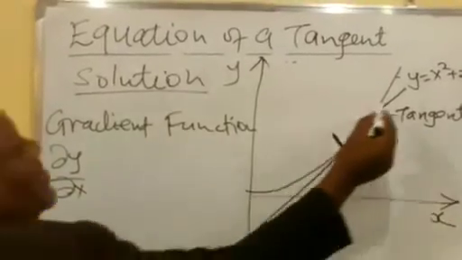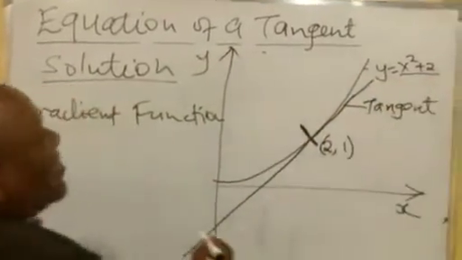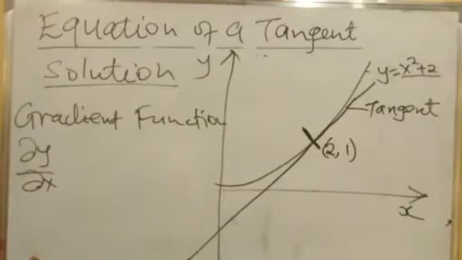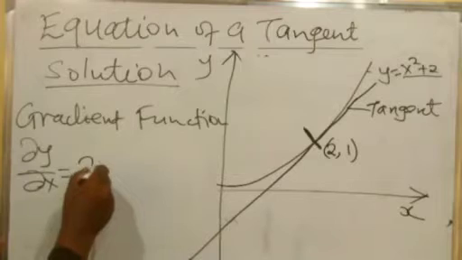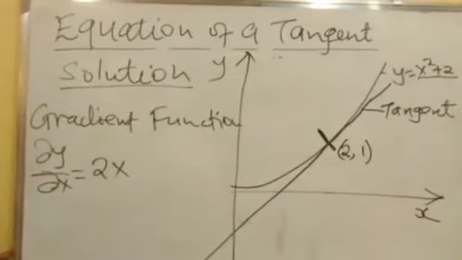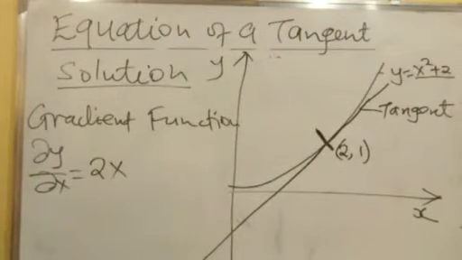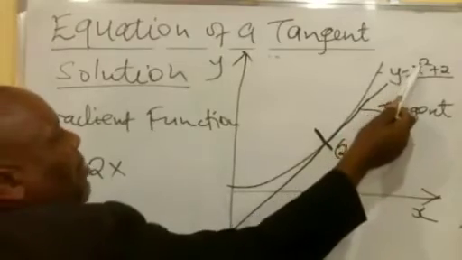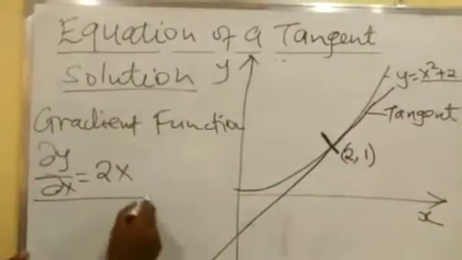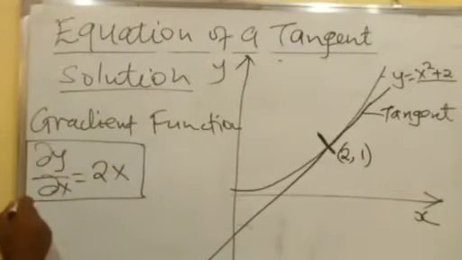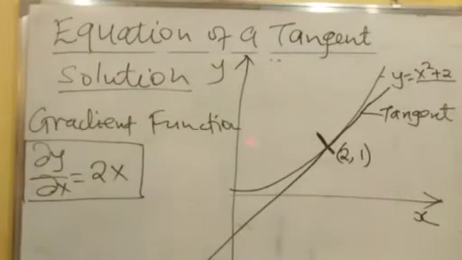So we have this function x squared plus 2, and the gradient function will be 2x. You remember that when you are doing the gradient function, the power comes down and we subtract 1 from it. So dy/dx, the gradient function for this function, is 2x.